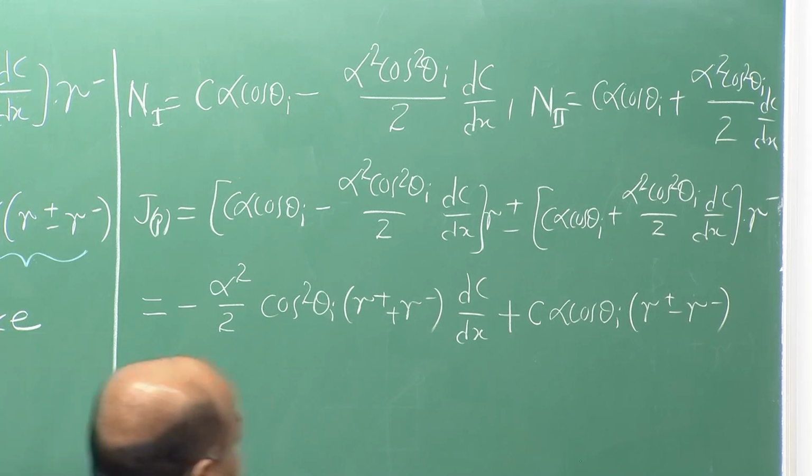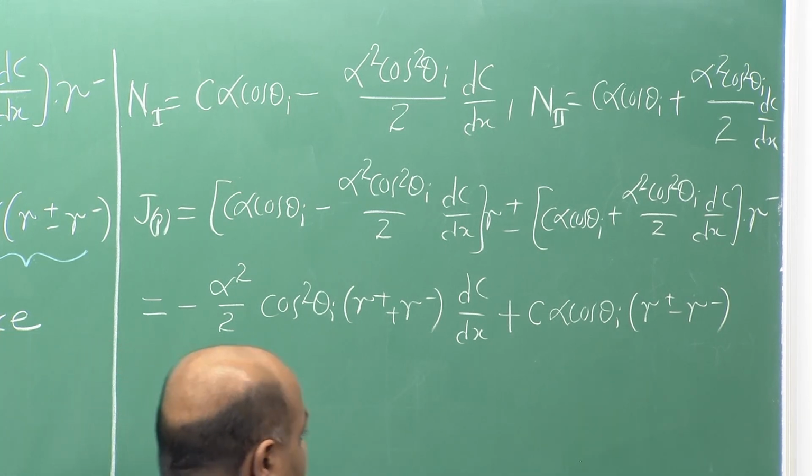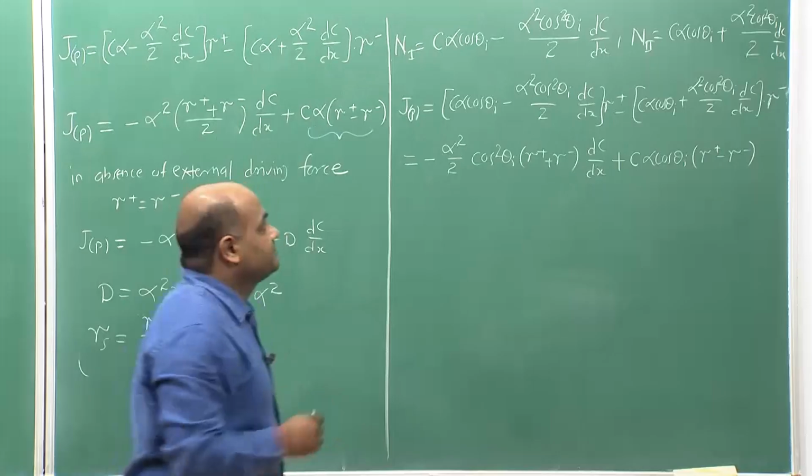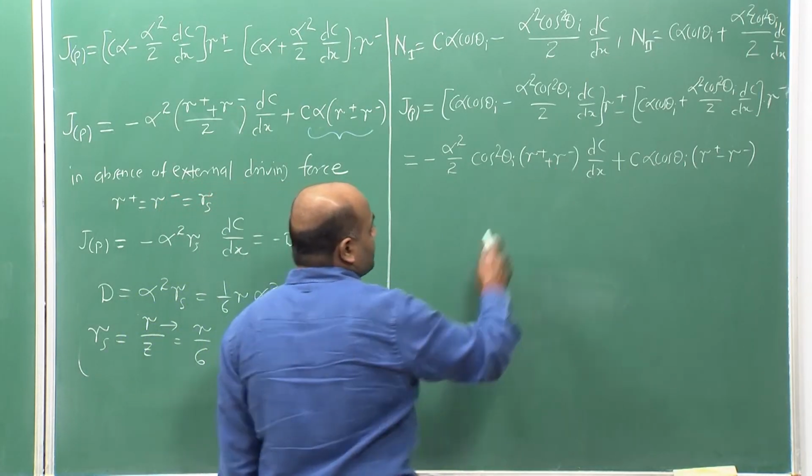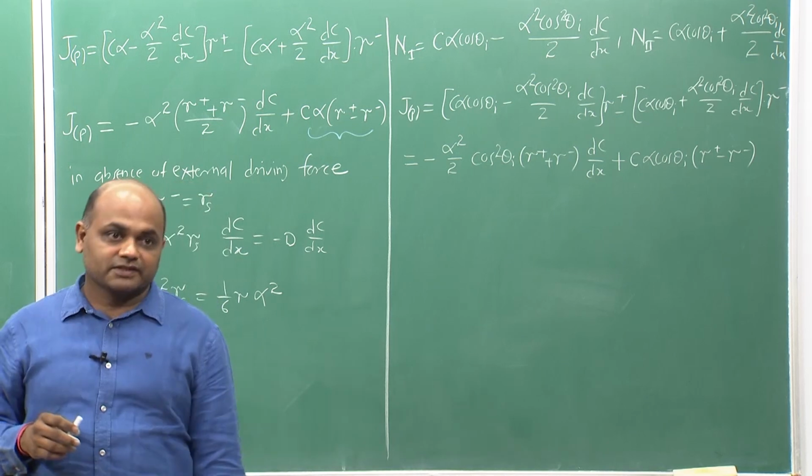Now, let us assume that there is no external driving force. So, this term will vanish, and gamma plus plus gamma minus is equal to 2 gamma s.